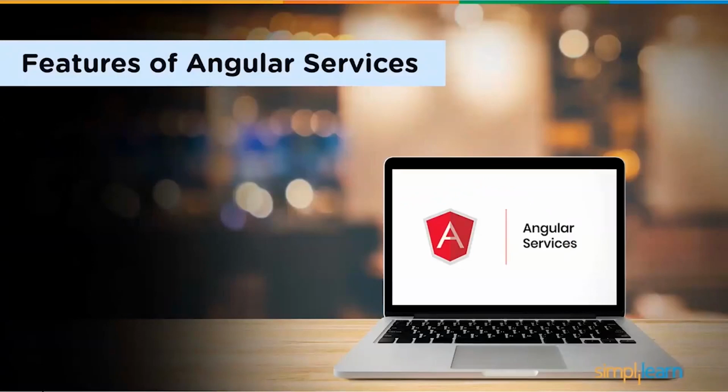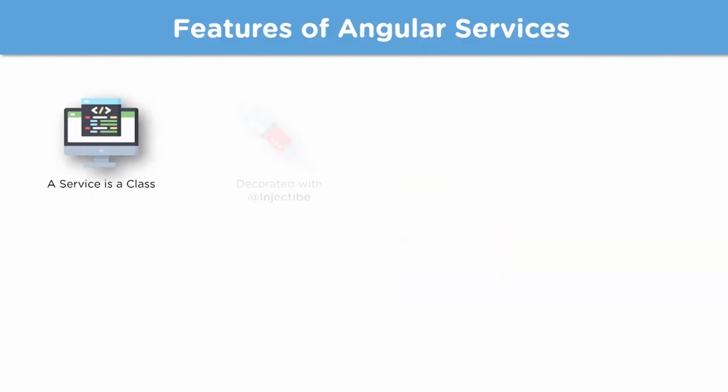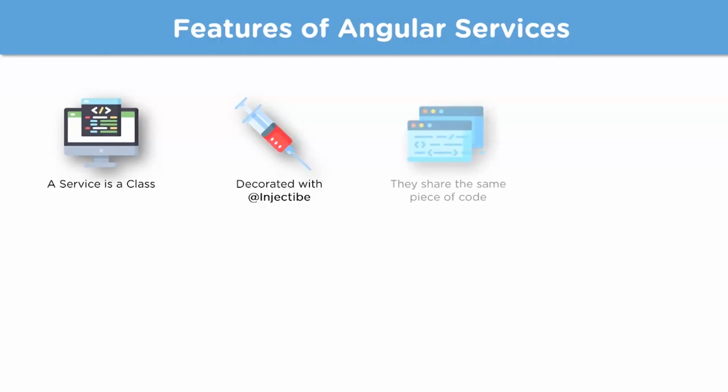Now let's talk about a few features of Angular services. Typically an Angular service is simply a TypeScript class with an @Injectable decorator. This decorator tells Angular that the class is a service and can be injected into components that need that service. They can be used to share the same piece of code.